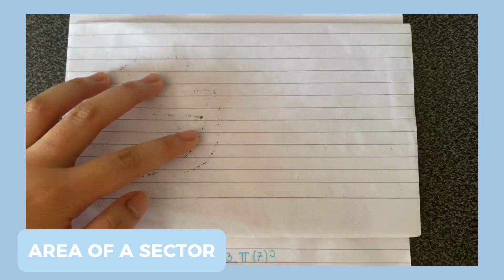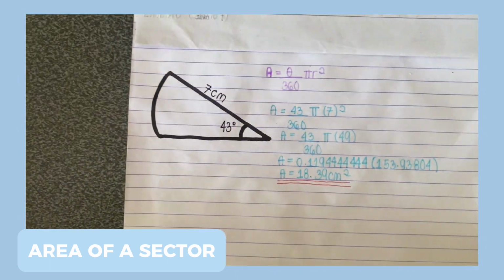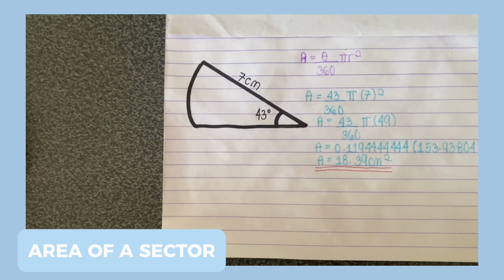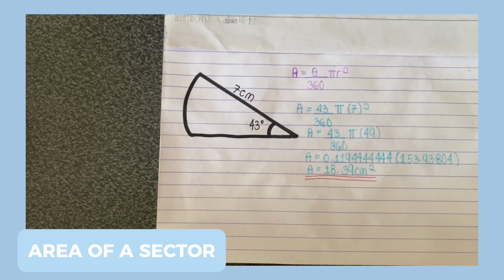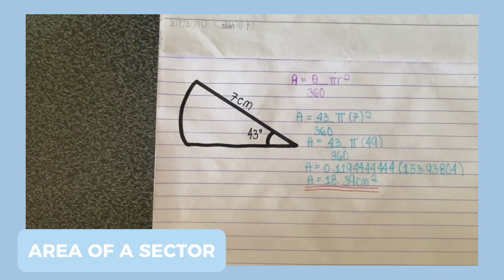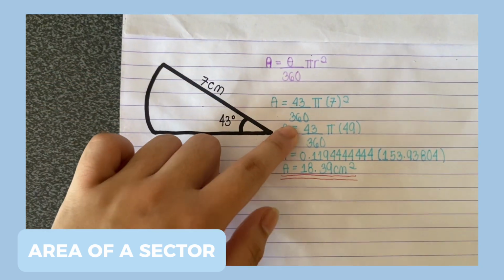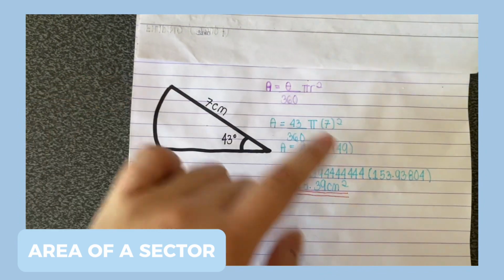And now moving on to the next problem. The radius and the angle here are given, and we are just going to use the same formula, and we are also just going to substitute it. So 43, which is our angle, over 360 pi r, which is 7 centimeters squared.